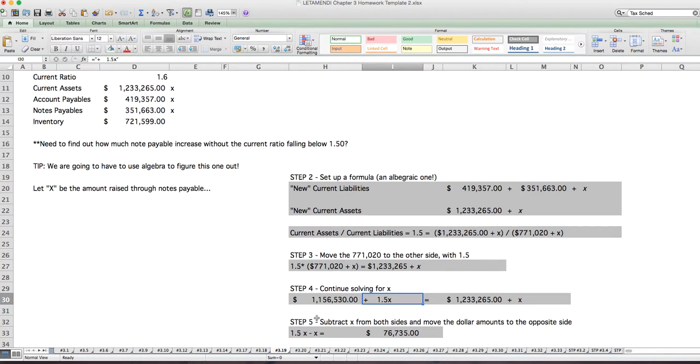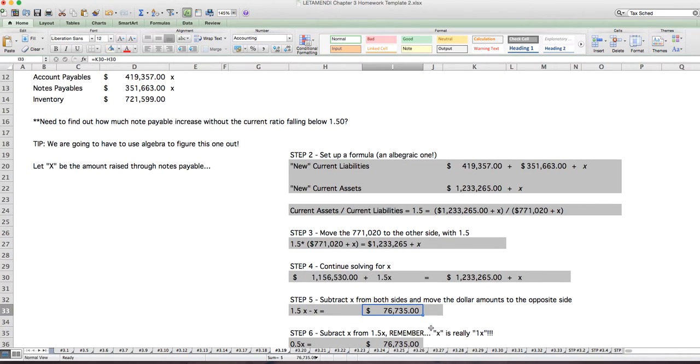So now the fifth step is that you subtract x from both sides and move the dollar amounts to the other side. And when you do that, you get 1.5x minus x, which equals $76,735.